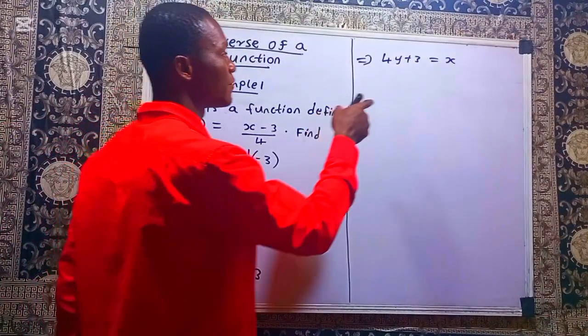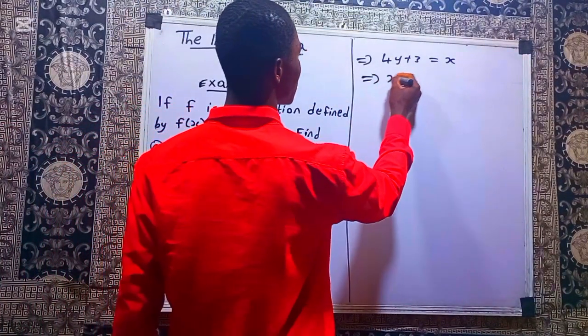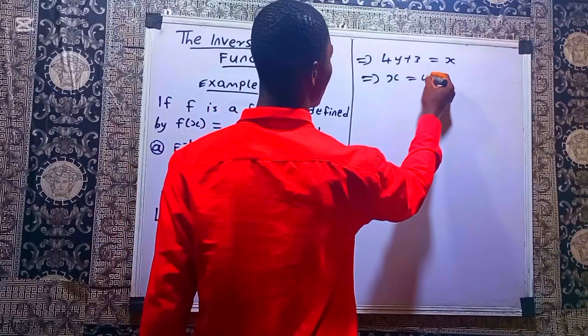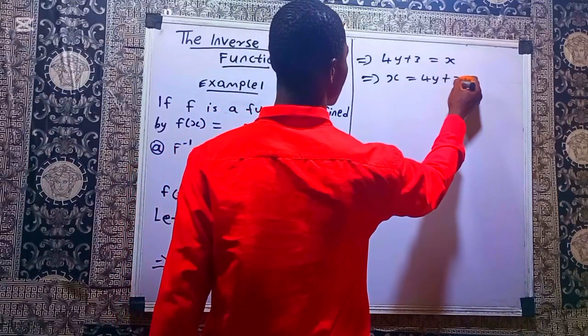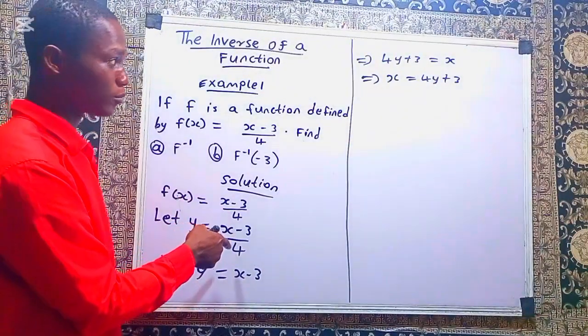So we got that 4y plus 3 equals x. This implies that x is equal to 4y plus 3. With this, we have made x the subject of the formula.